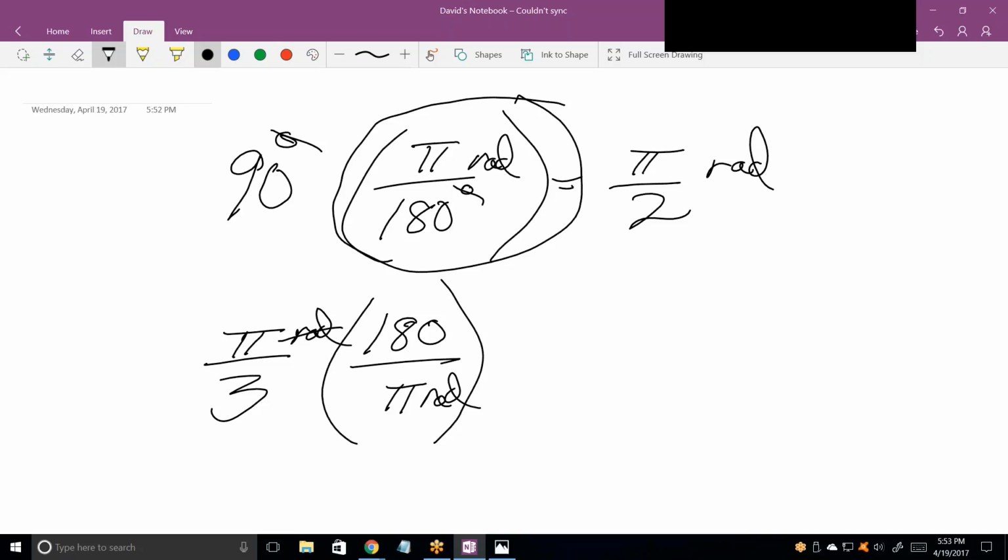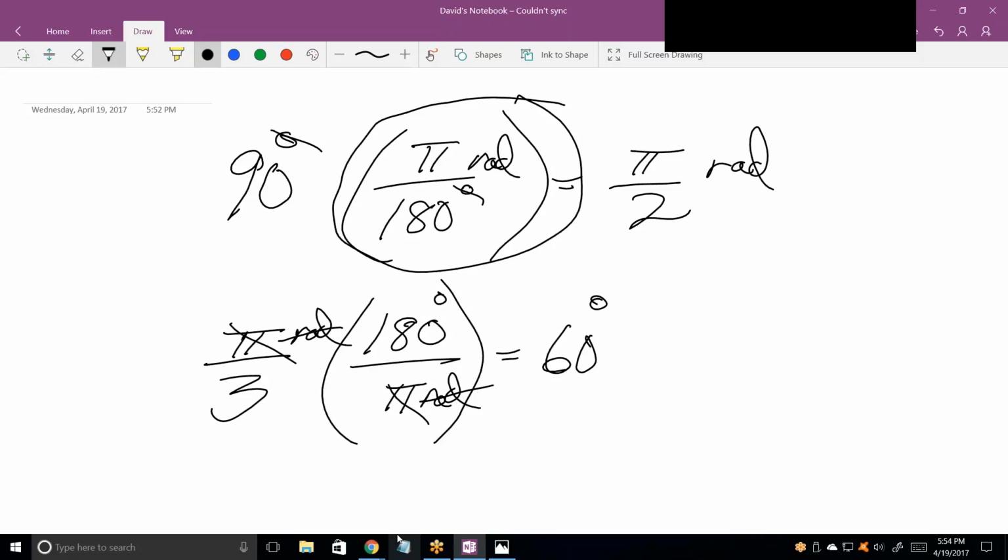Those have to cancel, which means in the denominator of the conversion factor I have to have radians, and that's the one thing that goes with pi. The pi's cancel, and I end up with 60 degrees, because the degrees go with the 180. So you can use this universal conversion factor, as long as you can figure out which way it goes, and that's not hard to do.